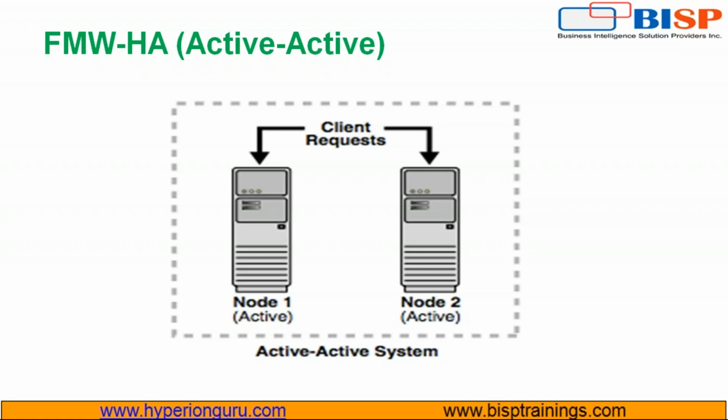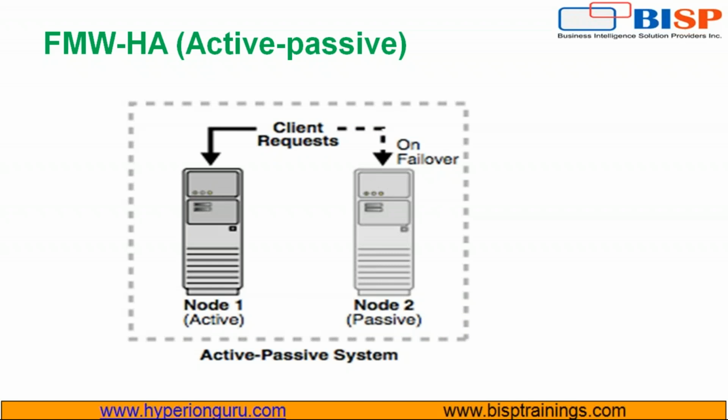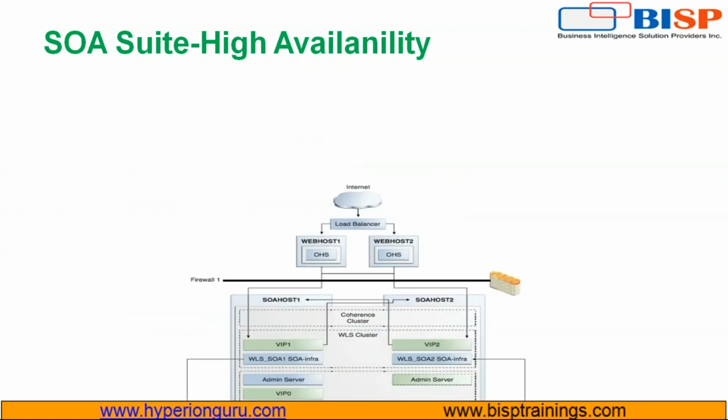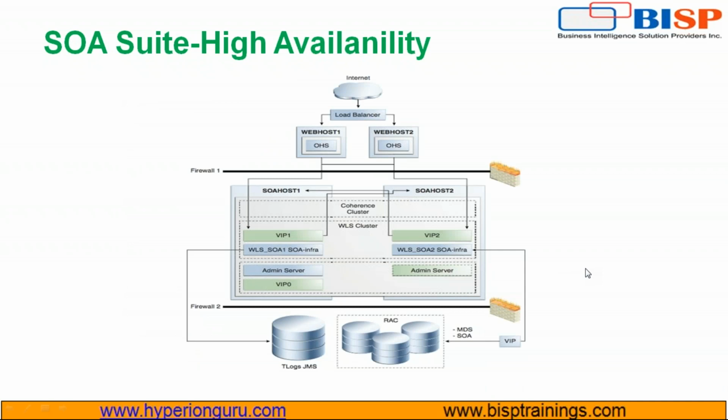Similarly, you can have an active-passive configuration, which is normally followed for DR. So one active node is running at one time, and if it goes down, it automatically fails over to the passive one, and the first passive one becomes active, and the active one becomes passive until it is fixed and ready to run. And this is how your diagram typically looks.